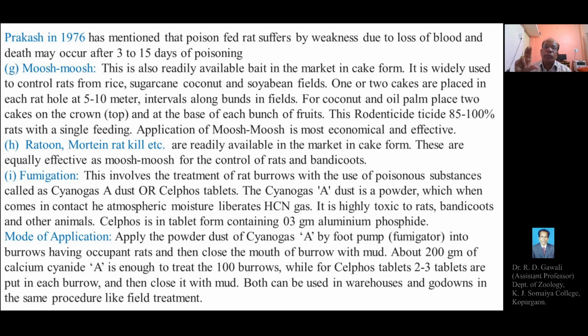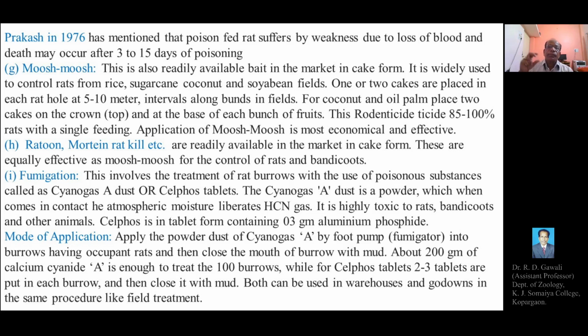The cyanogas A dust powder, when it comes in contact with atmospheric moisture, liberates hydrogen cyanide gas, which is highly toxic to the rats, bandicoots and other animals, and thus the sulfose tablets or cyanogas A dust can be used for the fumigation of the rat burrows, and can kill the rats and bandicoots or other animals due to the release of gas called hydrogen cyanide.